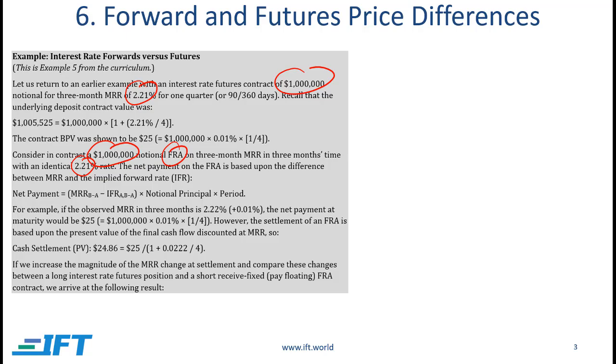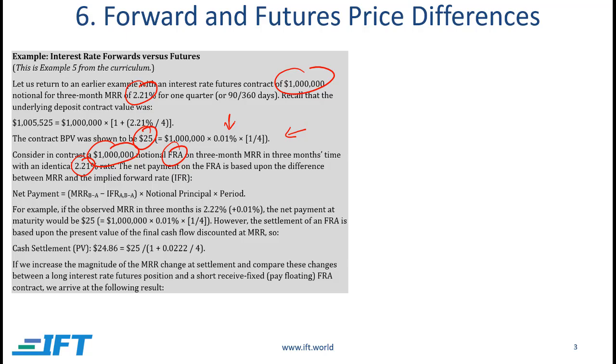And as you can see over here, and we have calculated this before as well, that when it was going up 1 basis point, the contract was showing a basis point value of $25, right?